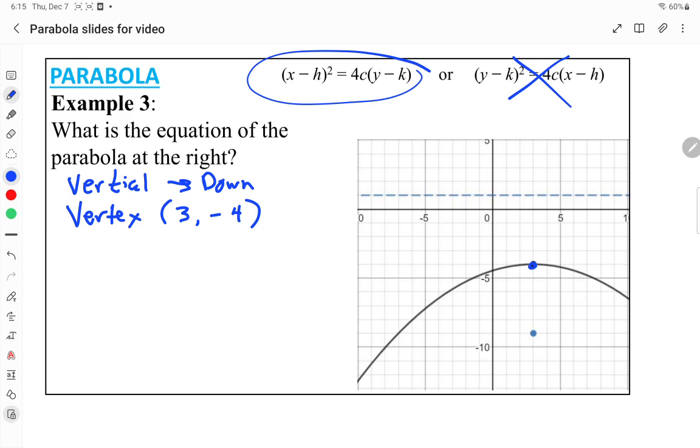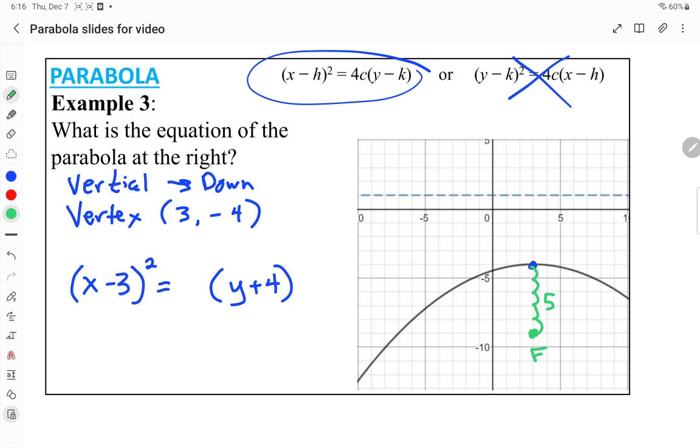Okay, I've got enough to at least get this equation going now. My x is my squared term, so (x minus 3) squared equals 4c. I'll leave blank for just right this second, because I know the rest of it. Now I got to talk about what 4c would be. And to know 4c, this is my focus down here. We know the focus is c units away from the vertex. 1, 2, 3, 4.